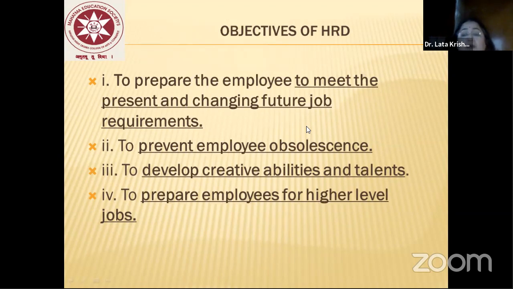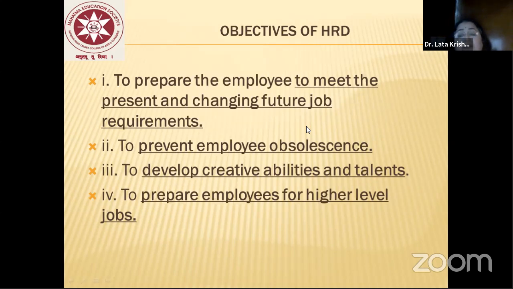Therefore new information, refreshed knowledge, the latest techniques have to be given in training programs to employees. Only this will prevent employees from becoming outdated. So if new technologies have to be used in a business organization, employees also have to be upgraded.